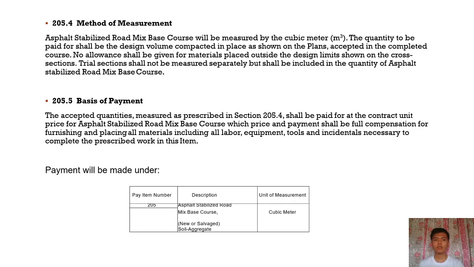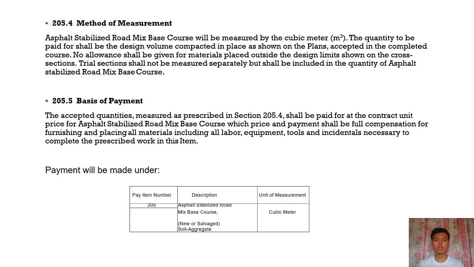Trial sections shall not be measured separately but shall be included in the quantity of asphalt stabilized road mix base course. So for the measurement, it should be exact and there will be no allowance for the materials outside the design limits.